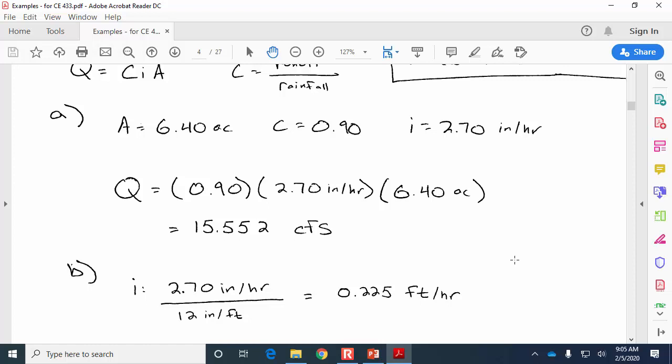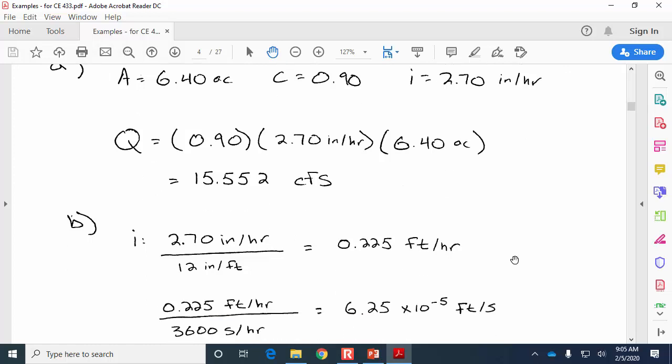And we can convert that into feet per second by dividing by 3,600. So now it's 6.25 times 10 to the minus fifth feet per second. Now the area of 6.4 acres, does anybody know off the top of their head the conversion between acres and square feet?